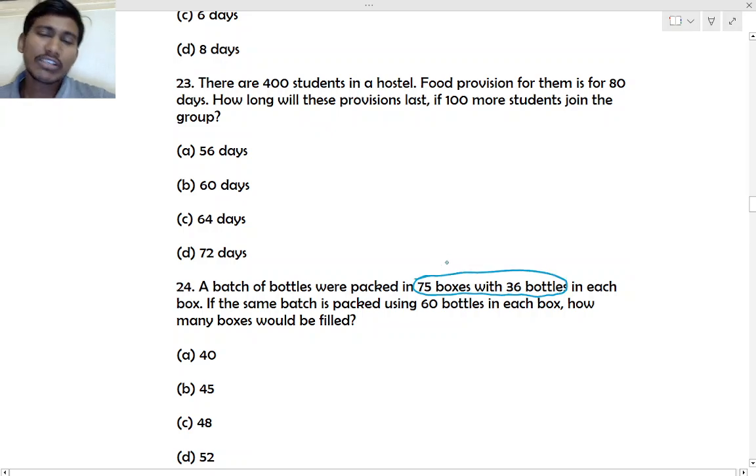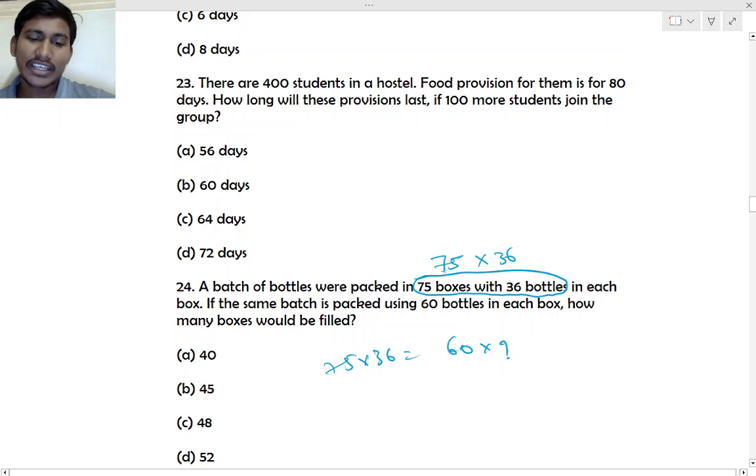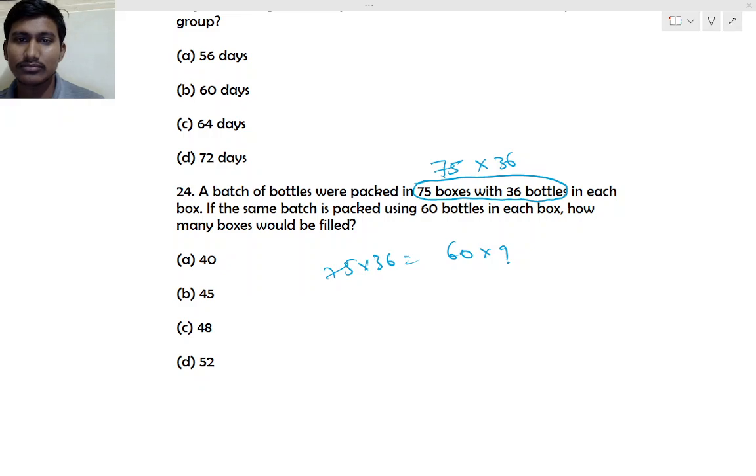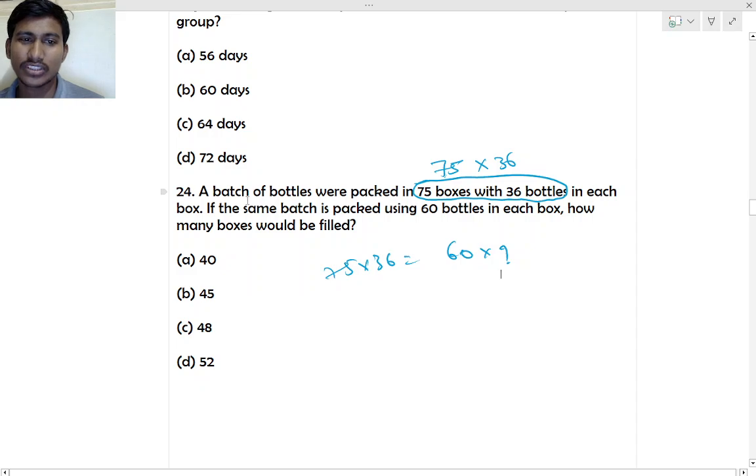So 75 into 36 is equal to 60 bottles into how much? You divide it and you will get the answer. 23 and 24 are homework.